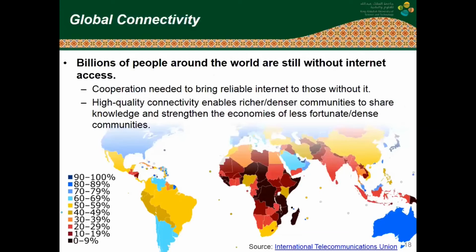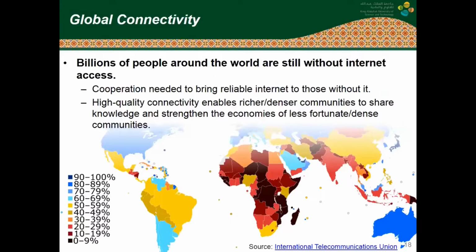Now, another interesting application or aspect where free space optics has an interesting advantage is this problem of digital divide. So I was talking about 5G and 6G and how we want to push the envelope, but we tend to forget that actually we are in many parts of the world dealing with much more basic problems.